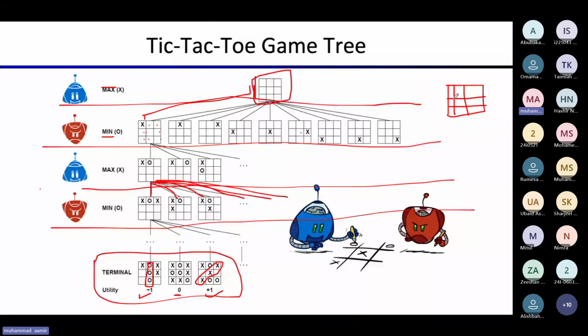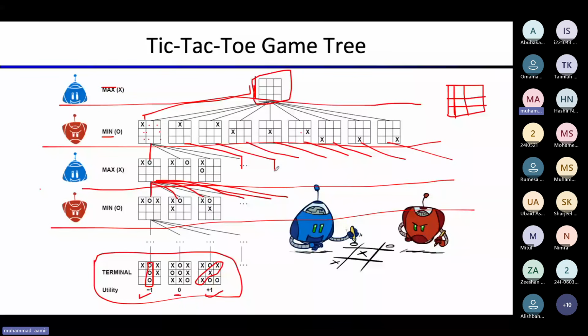We're not able to show all those states in a single slide, but you can assume 8 possible states from this one move, 8 possible states from this, 8 from this, and so on. And next, 7 from this, 7 from this, 7 from this, 7 from this, so far.